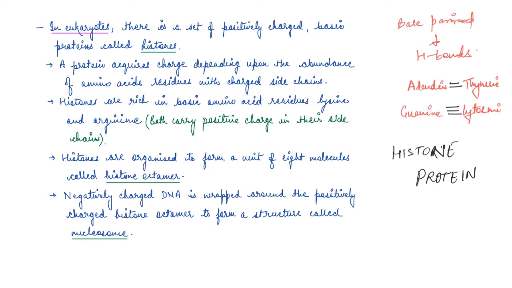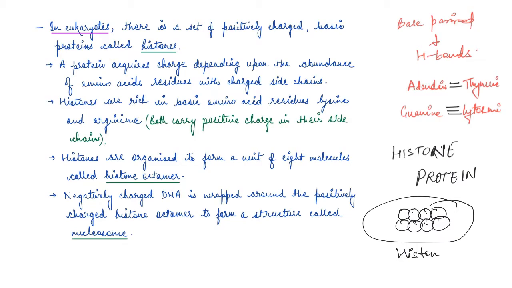Now these histones are organized to provide a unit of 8 molecules, which is known as histone octamer. So basically, say this is one histone protein. Now these histone proteins are organized along with 8 molecules of histone, and this forms a histone octamer, right?